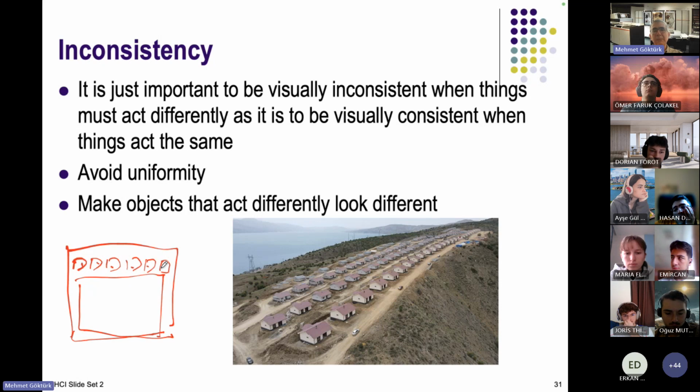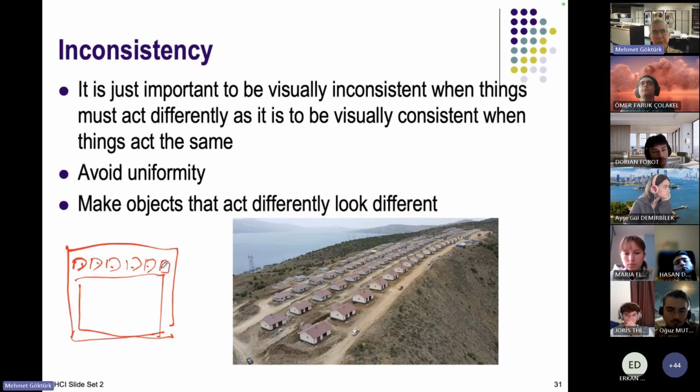Don't make everything similar. Make objects that act differently also look different, because the result of the actions should not be discovered by testing. They should be estimated before you interact with them, just by looking. And we call them affordance.